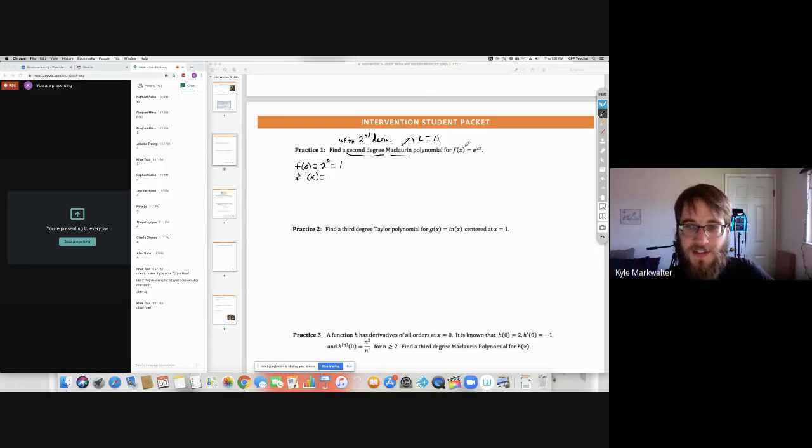Chain rule, exactly. So derivative of e to the blah is e to the blah times the derivative of the inside, so the derivative of the exponent is 2. That means we need f prime of 0. So I plug 0 into this. That'd be e to the 0 is 1 times 2.